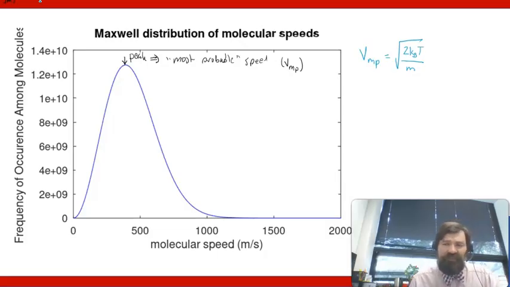In some sense you're just taking a kinetic energy value, dividing it by k_B T, and then solving the whole thing for v probable.